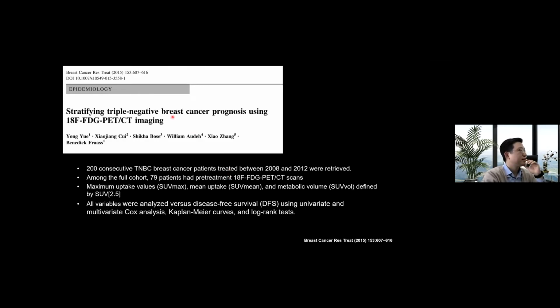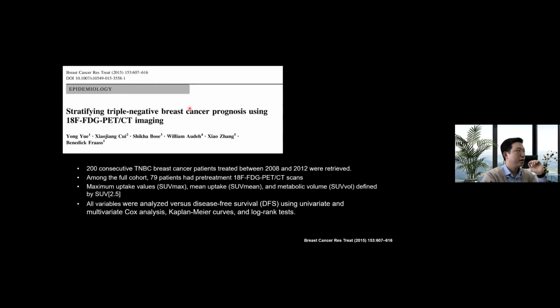And there is another study to show this. The previous studies used baseline and interim or post-therapy scans to calculate the reduction rate to predict the prognosis. But in this case, those patients underwent an FDG PET scan at baseline only. So this study is looking at whether baseline FDG PET-CT parameters are predictive of prognosis or not.